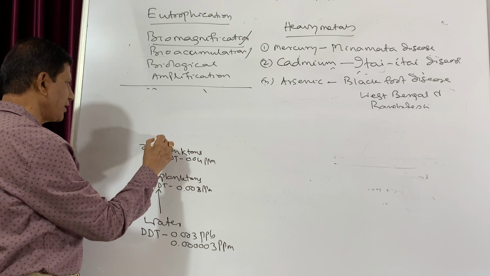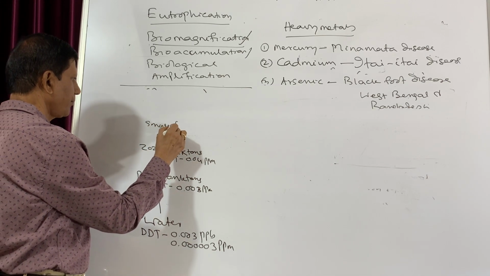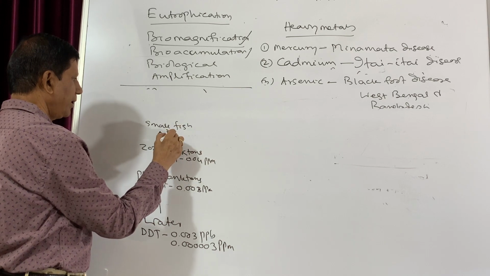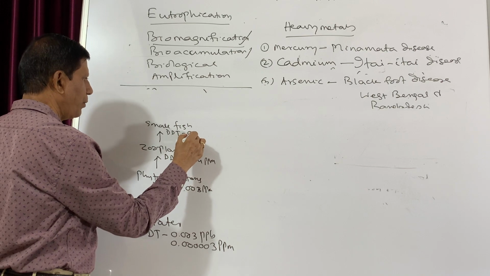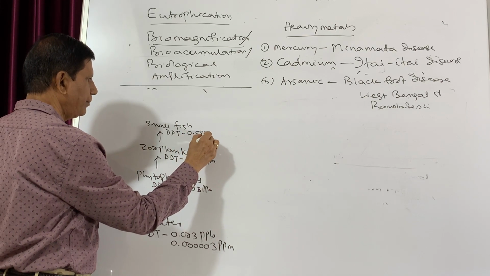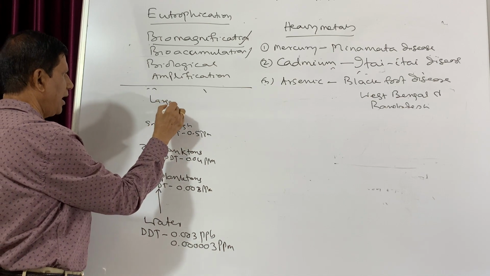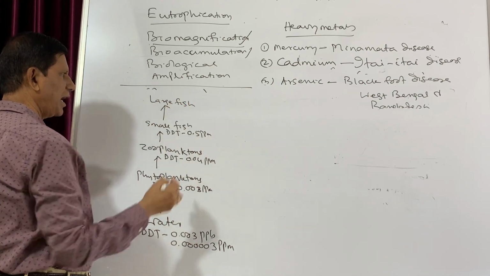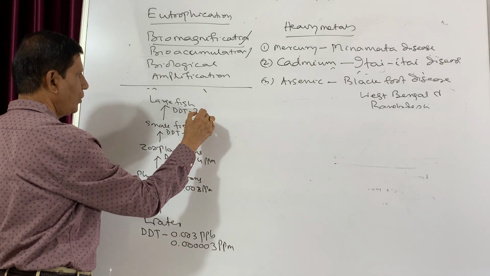The zooplanktons are eaten by small fish, where the amount of DDT is 0.5 ppm. From the small fish it goes to the large fish, where the DDT was found to be 2 ppm.